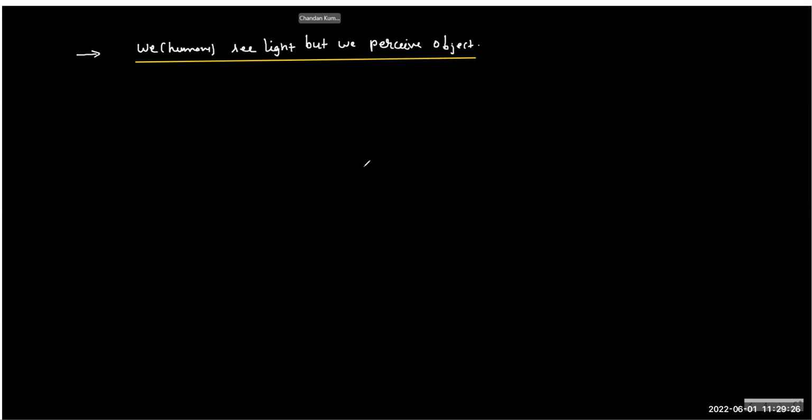Because this chapter is all about ray optics, one should be aware of the various properties of rays. So I think object and image is clear. Okay, I'll mention some key points.